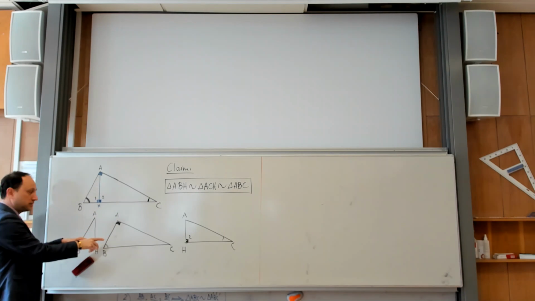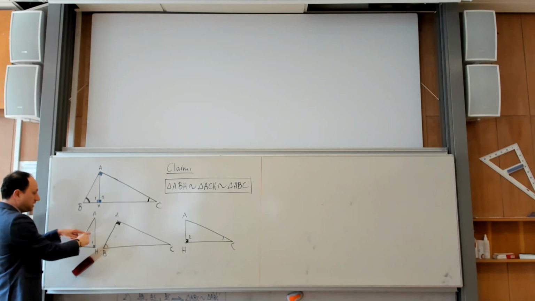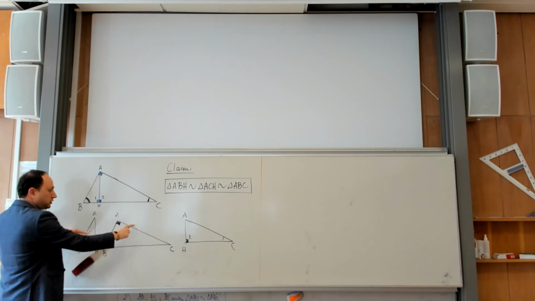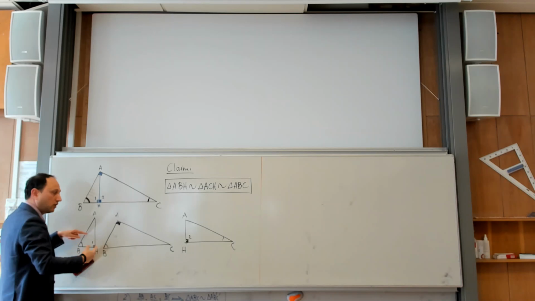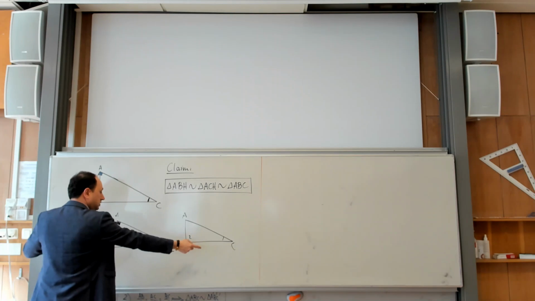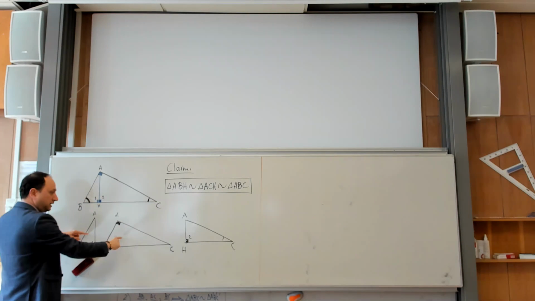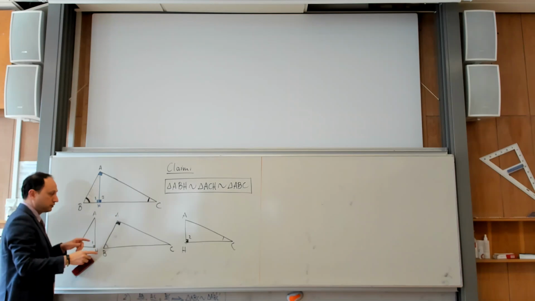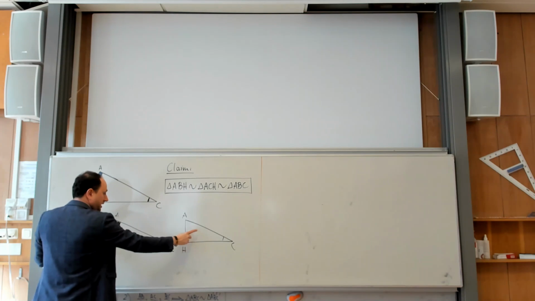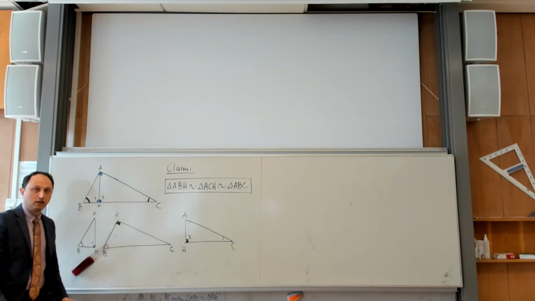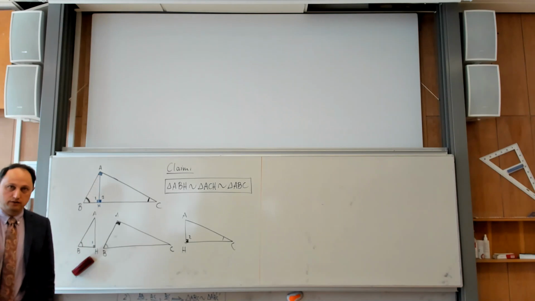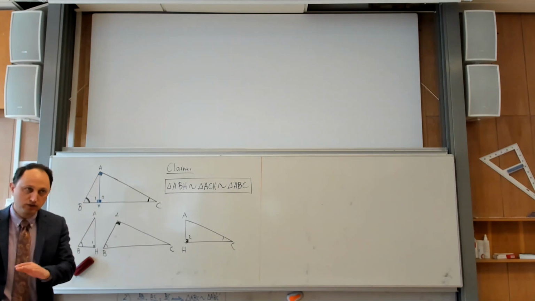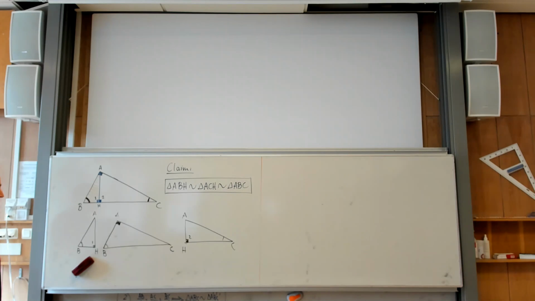So in this method, I showed to you that this triangle is similar to the original one. And I also showed that this one is similar to the original one. Then I concluded correctly, of course, that these two triangles that are similar to the same triangle are also similar to each other. That's also true.